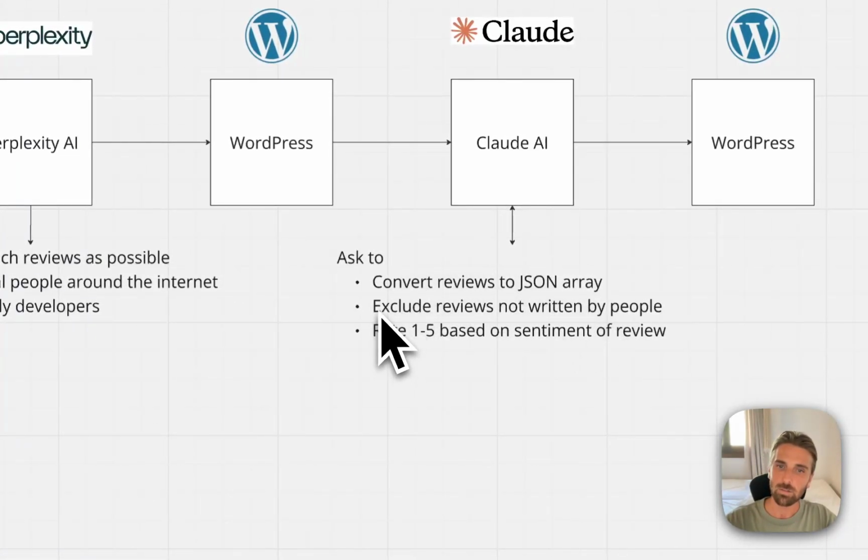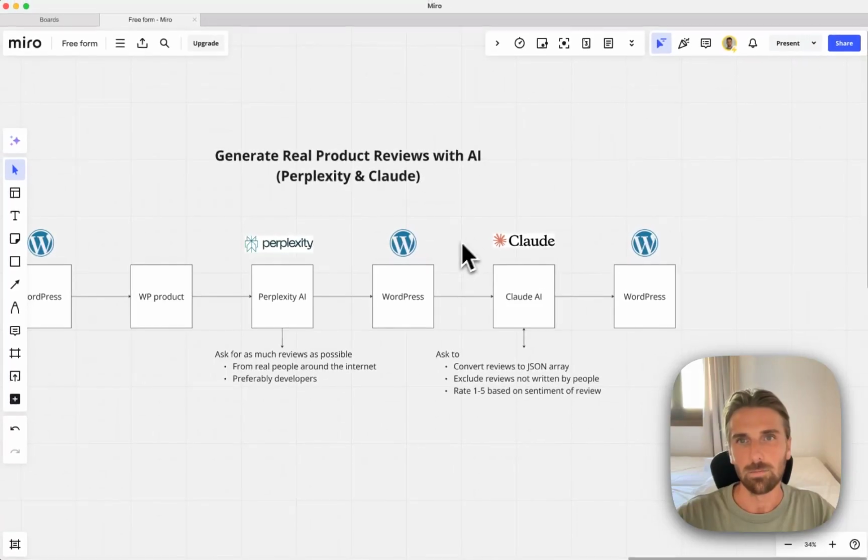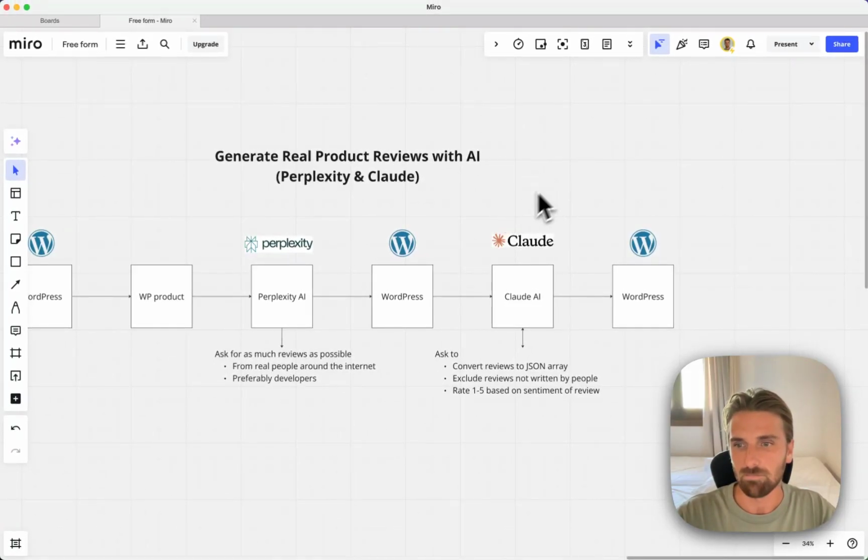Then I also ask it to exclude reviews not written by people, because I figured that sometimes Perplexity is summarizing the narrative of a product from a website, and then it gives it back to me like it was an actual review, but then it says something like users of this product or customers say this and that, and I want actual real reviews from people themselves.